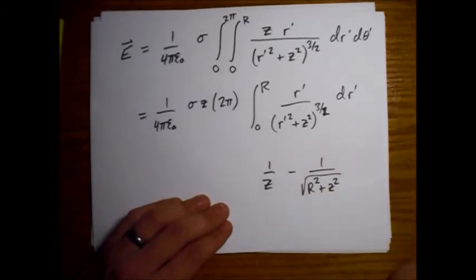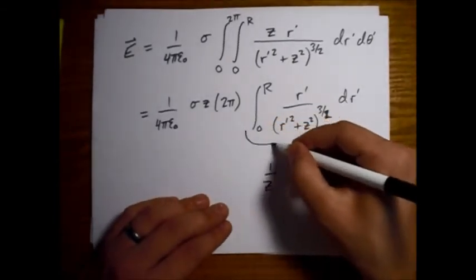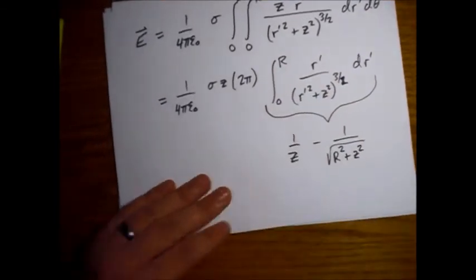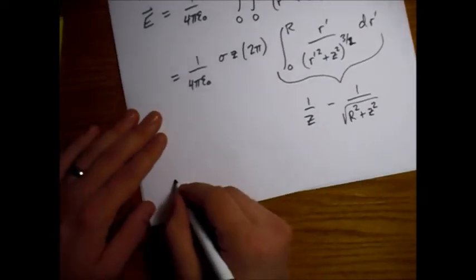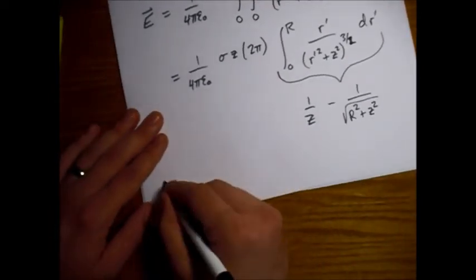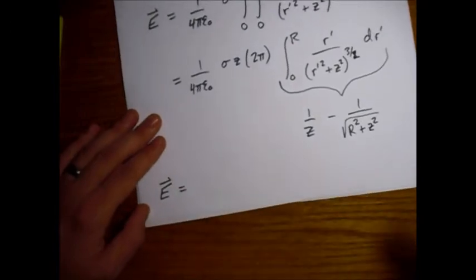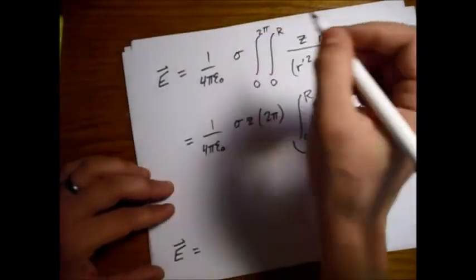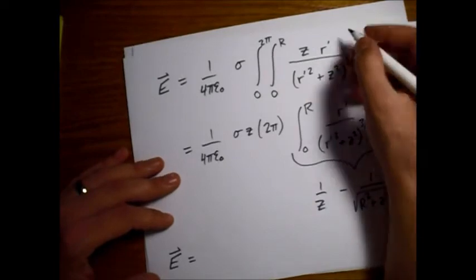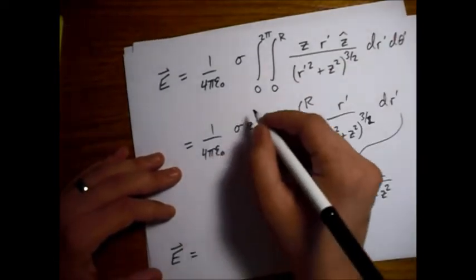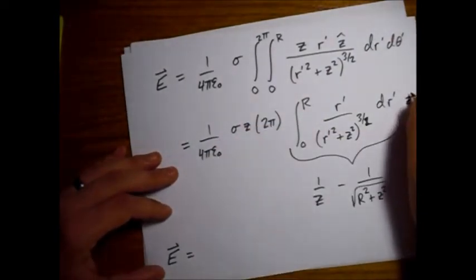So this integral is just this piece right here. So our final answer for our electric field, oh, by the way, I left off my z hat vector. Let's just toss that in there somewhere. It shouldn't matter where.